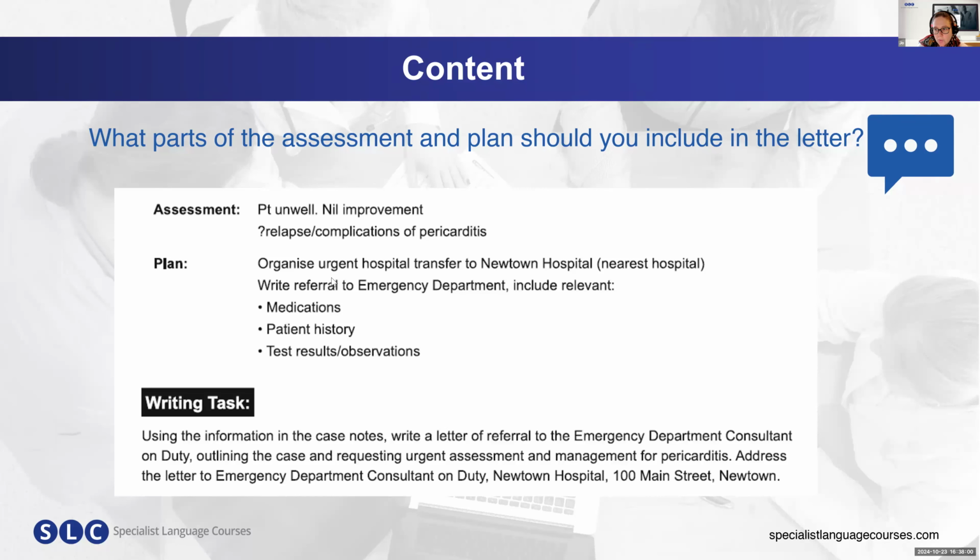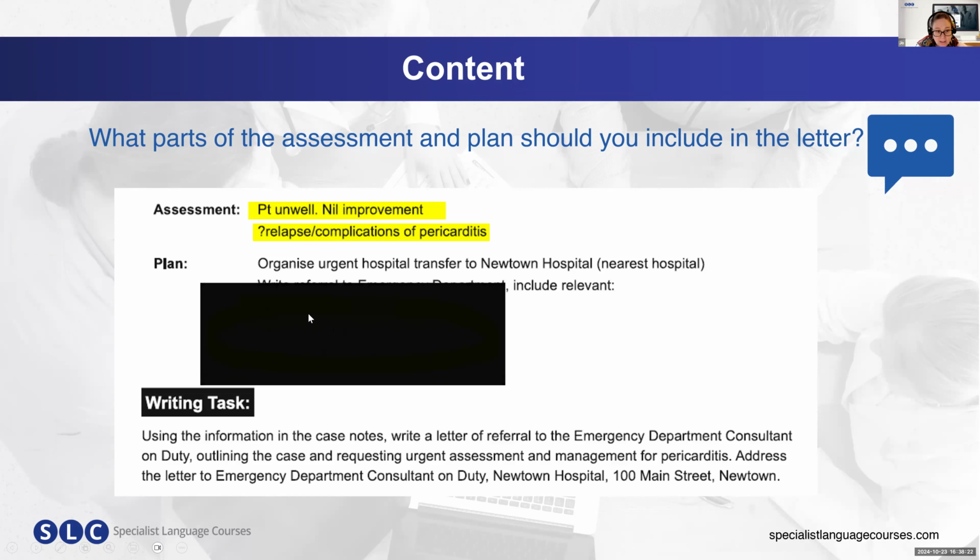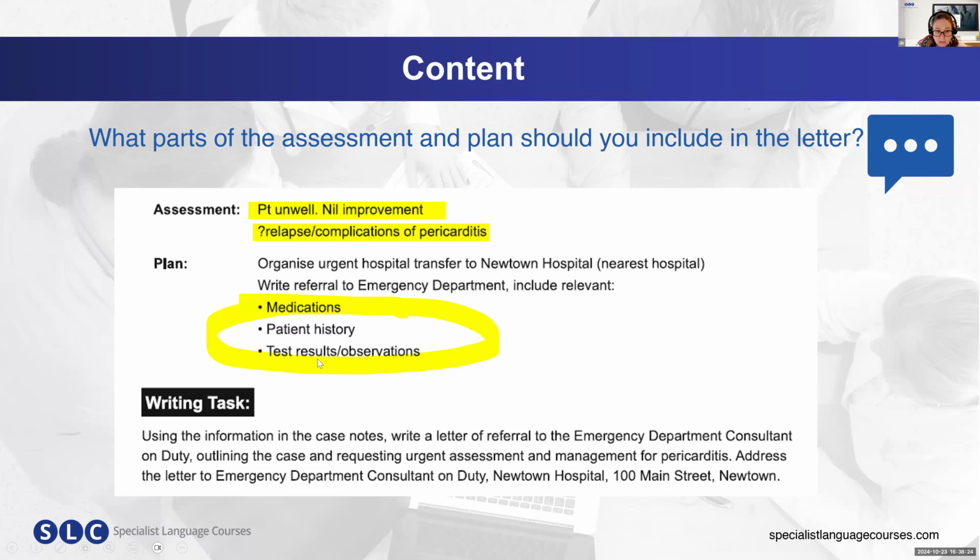All right. So we need to mention that they're ill, they haven't made improvement, and your assessment, a possible relapse with complications of pericarditis. Now, we don't need to include organize urgent hospital transfer, write a referral letter. That's what you're doing now. But you do need to include details about medications, patient history, and test results and observation.